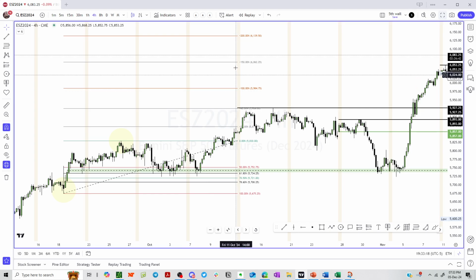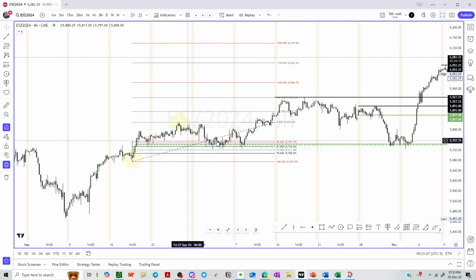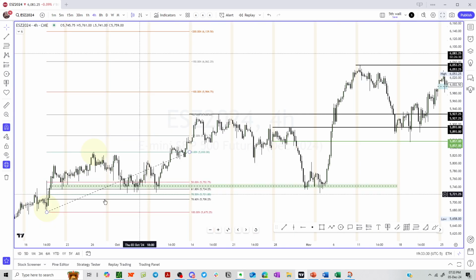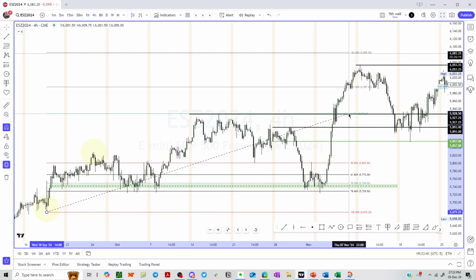All right, using the standard deviations. And then we have a return back to this same key level again. We can continue using this swing low and this swing high, and we have another retracement.